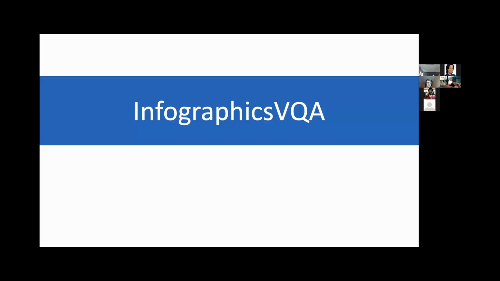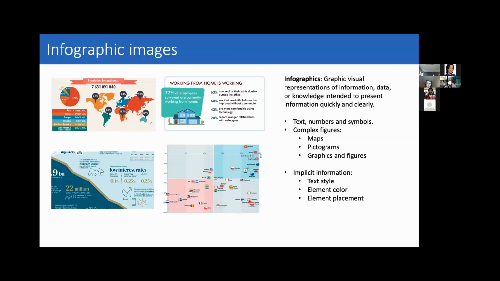First of all, infographics visual question answering. We have to understand what an infographic image is. An infographic image is a graphic visual representation of information, data, or knowledge intended to present information quickly and clearly. It contains text, numbers, and symbols, but also complex figures like maps, pictograms, and graphics.